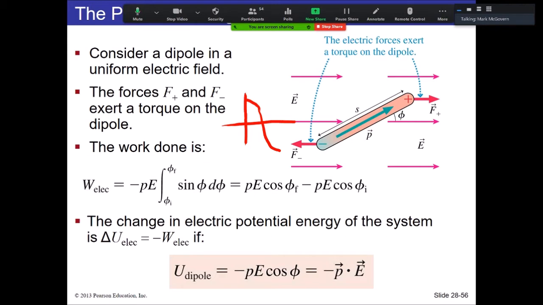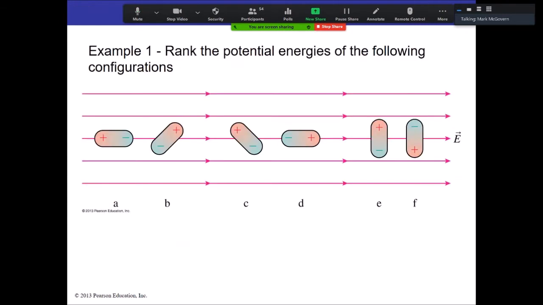Individual values don't matter too much, but when you compare things, you can see the difference between the stable and the unstable configuration. At the unstable configuration, you have the greatest amount of potential energy, so when you nudge it, this thing will flip around. So the 0 point is actually when it's perpendicular. When it's completely stable, it has the lowest value of potential energy, which is some negative quantity. But that's just the nature of the cosine function. That's why we did that.